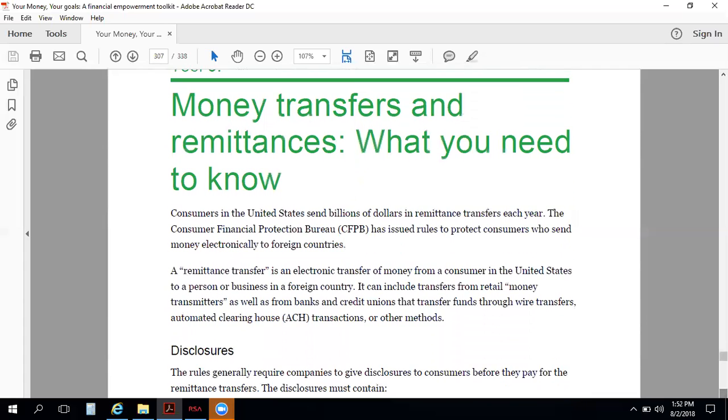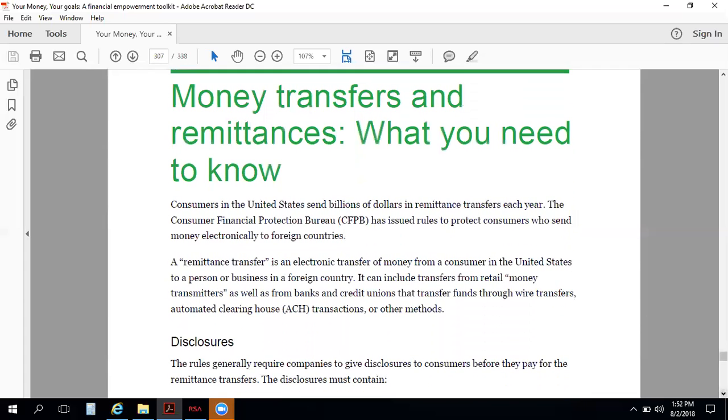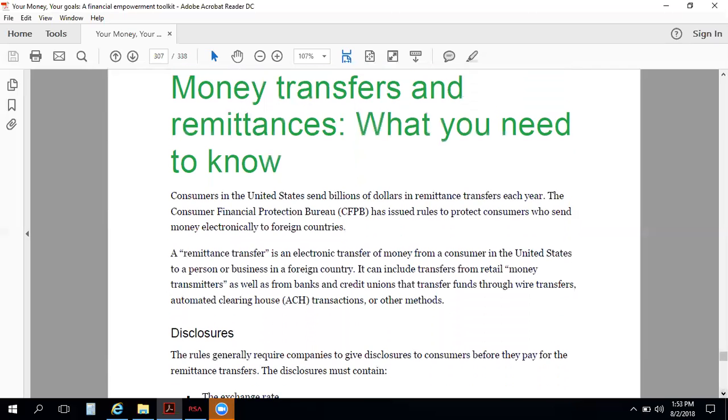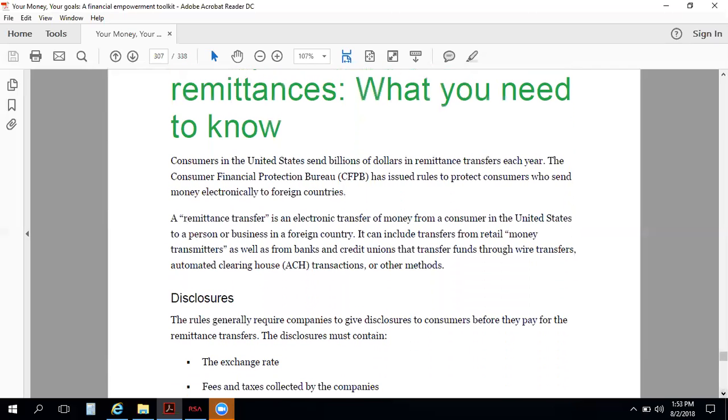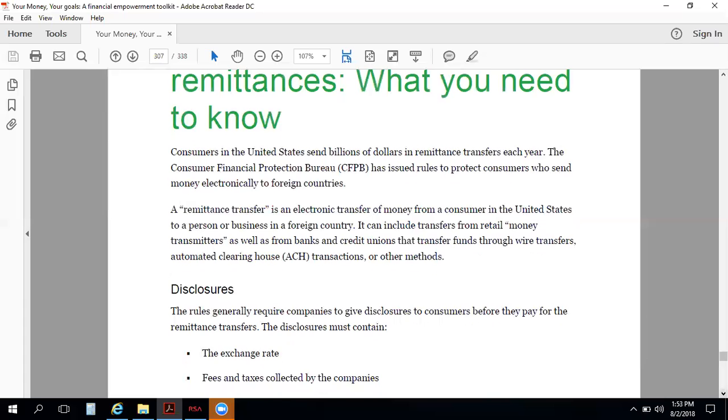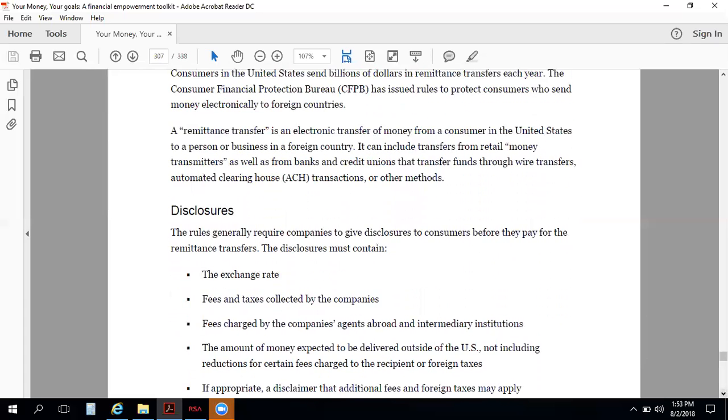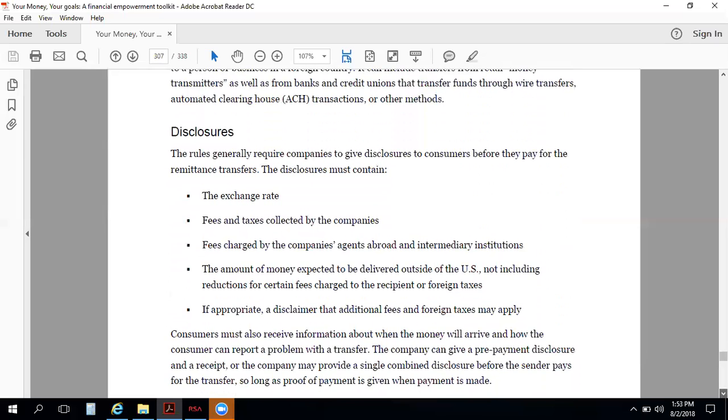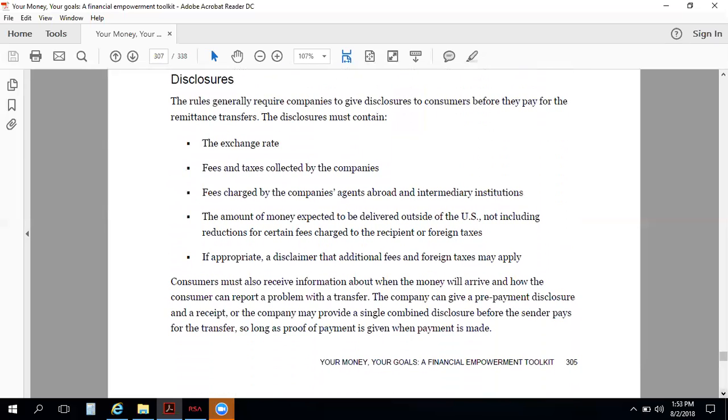Tool 5 is on money transfers and remittance, what you need to know. A remittance transfer is an electronic transfer of money from a consumer in the United States to a person or a business in a foreign country. Not really going to go through this in detail, because odds are that we're not going to have a client that's going to be sending money overseas.